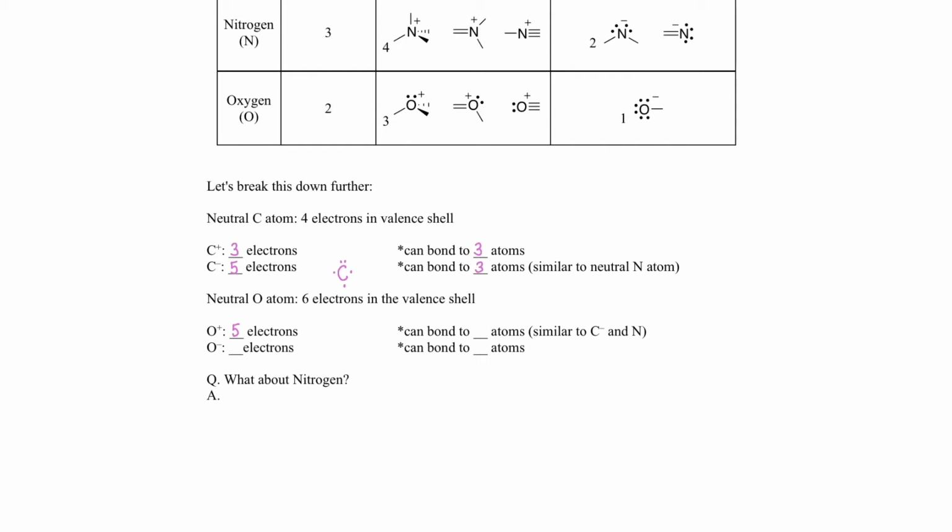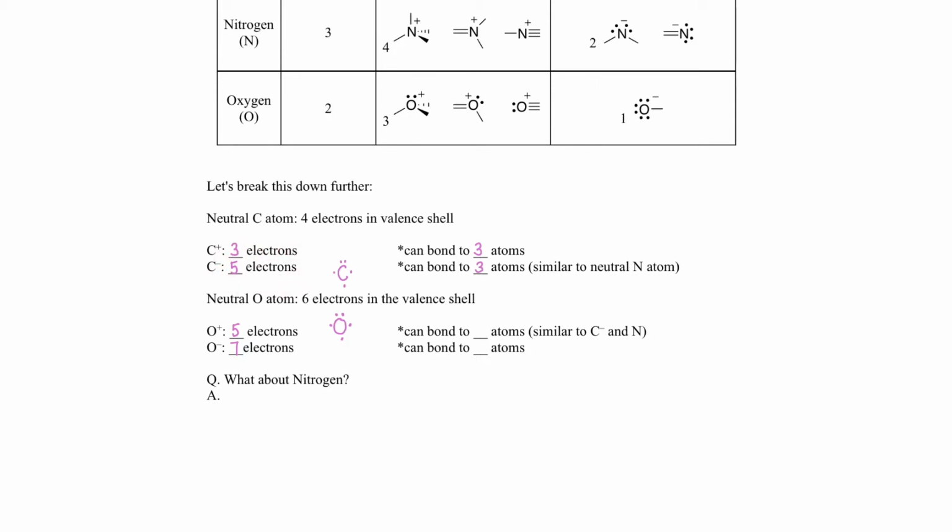Right, so the oxygen with 5 valence electrons should remind you of the carbanion right above it, also 5 valence electrons, as well as the neutral nitrogen atom. So they're going to behave the same way because all of them have 5 valence electrons. So they can form 3 bonds to 3 atoms.